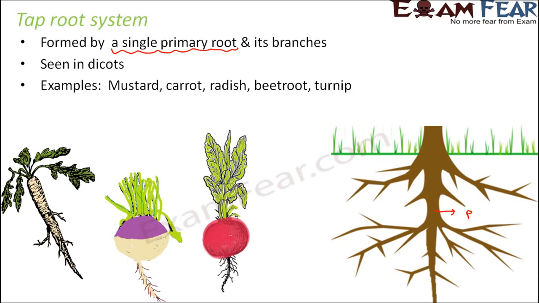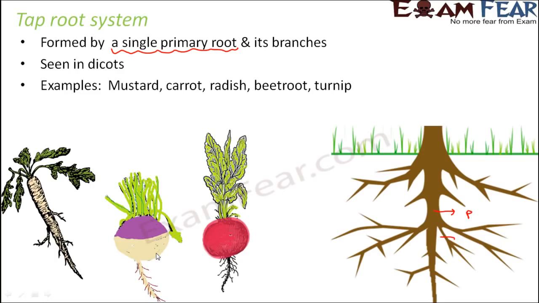Similarly, in case of a turnip, this entire thing is my primary root. But now if you look at it, you might be wondering that I always thought the root is a rod-like structure from where thinner structures originate, something like how is shown in this figure. But here, if I look at this turnip, how is a spherical shaped object a root? That is what we will study as we go ahead, that in many different plants the roots are modified into many different shapes.